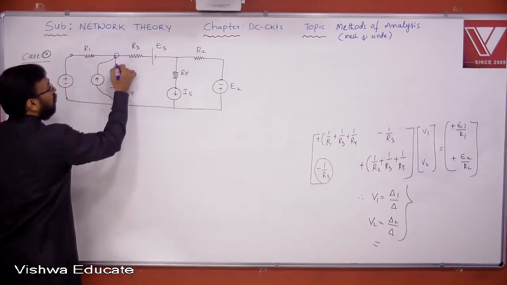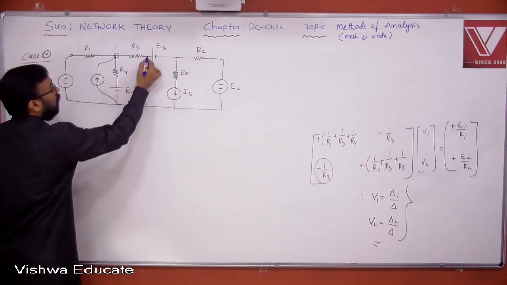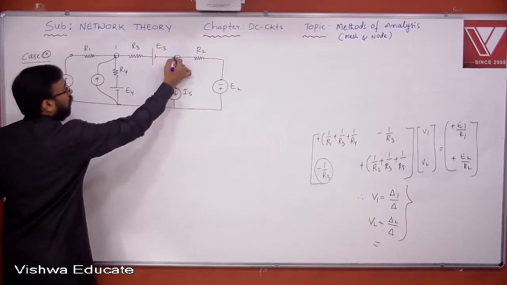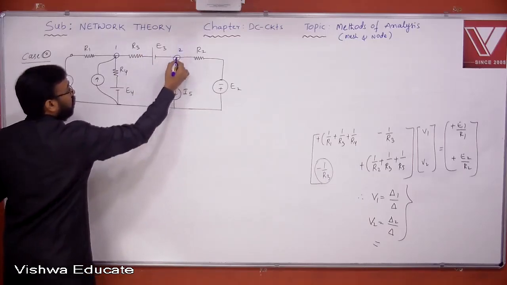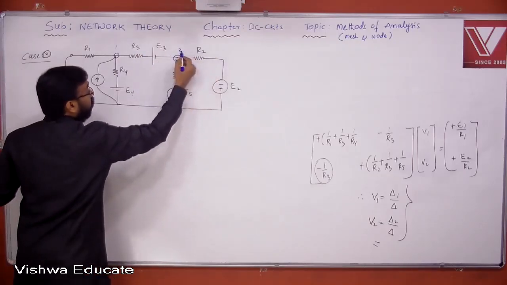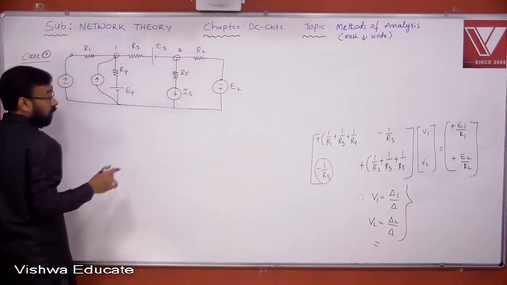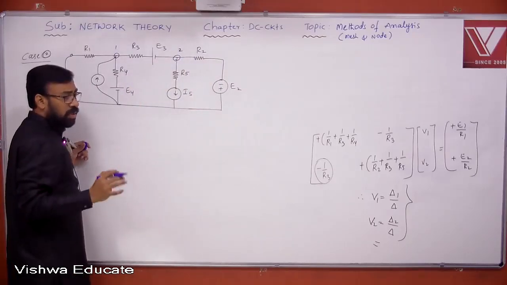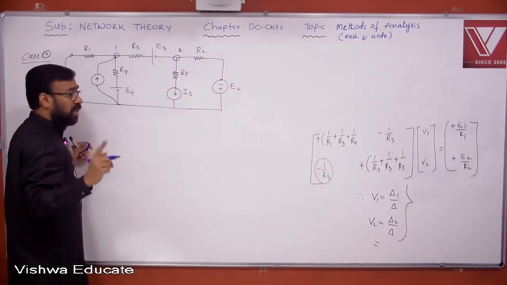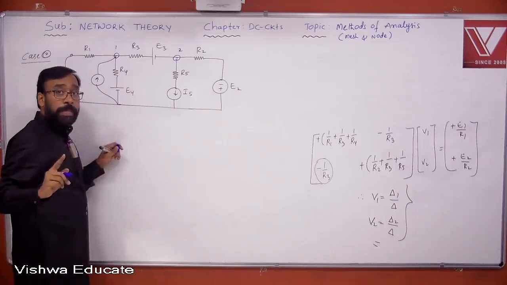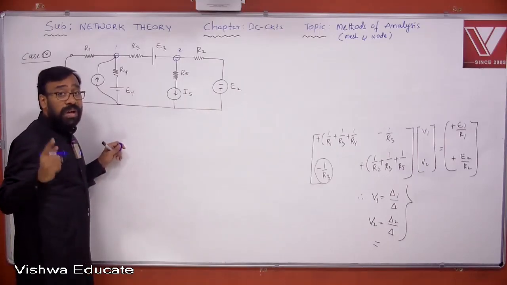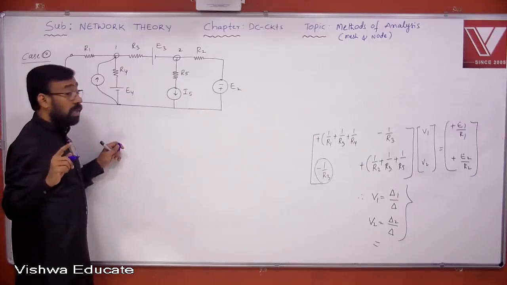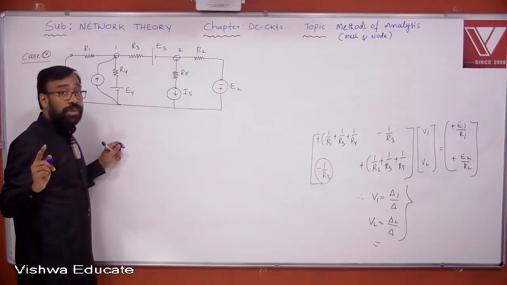Degree 1, 2, 3, 4, therefore yes, there is a node. We need to have a node variable here. This will become a principal node. So what is the principal node in our node analysis? A node with minimum degree 3. Of course, a reference node can also be selected, no doubt in that.